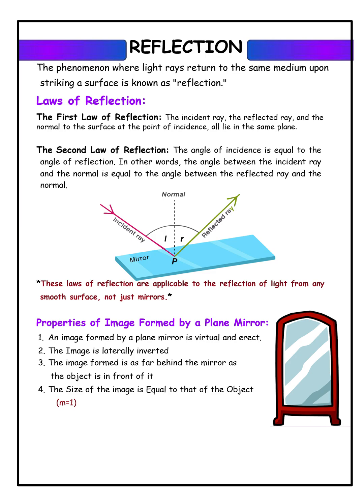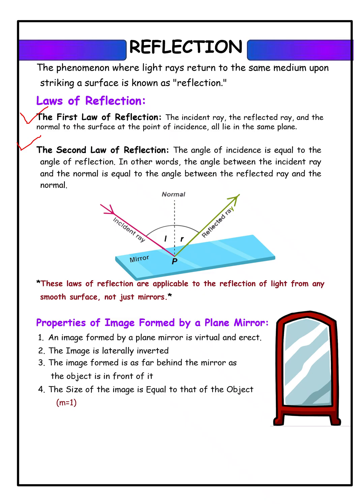Now there are certain laws which we have to remember, like the first law of reflection, which you have studied in previous grades as well. This talks about the incident ray, the reflected ray, and the normal to the surface at the point of incidence. And the second law of reflection tells us that the angle of incidence is equal to the angle of reflection, which you can see on the screen. The angle between the incident ray and the normal is equal to the angle between the reflected ray and the normal.